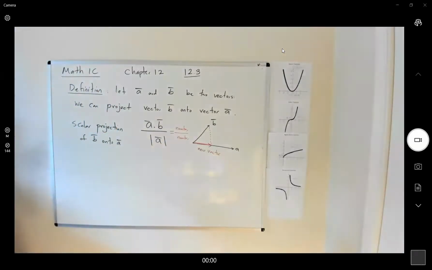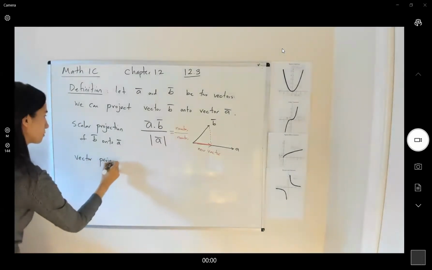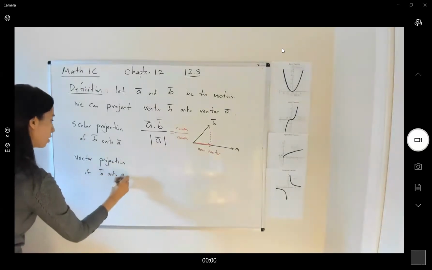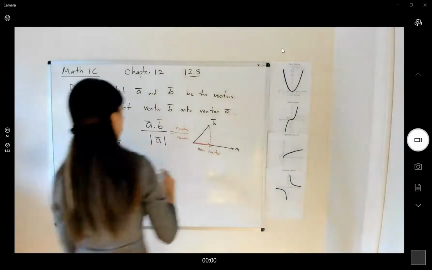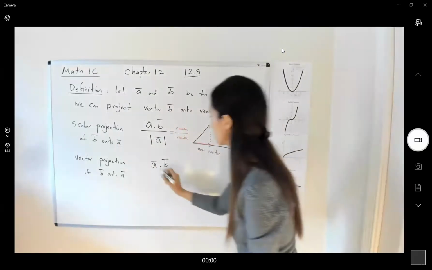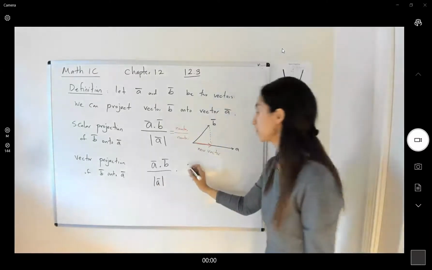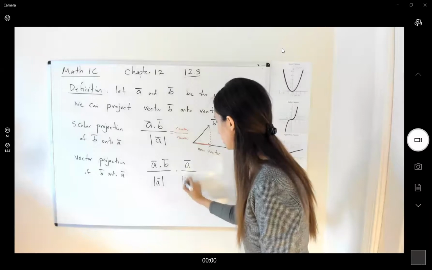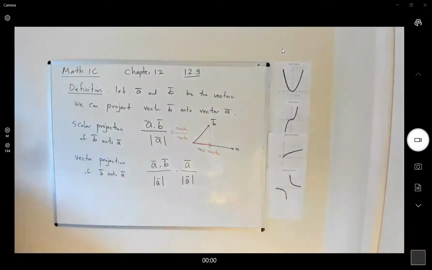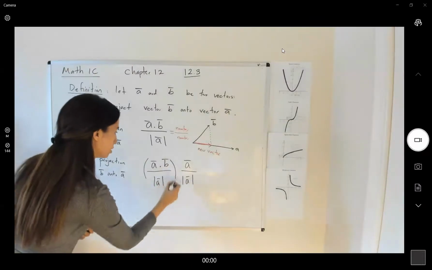To get a vector, we say the vector projection of B onto A is defined this way. You take the scalar projection and multiply it by the unit vector A over the magnitude of A. So this is just the multiplication.